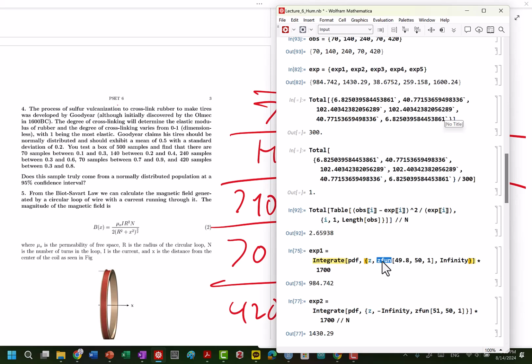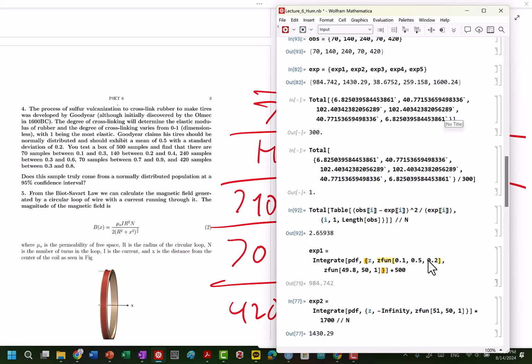So let's go ahead and do the first one. Actually we have 2 z values for expected 1. Our total should be 500 samples, and we're testing that one between 0.1 and 0.3, and the mean should be 0.5 with a standard deviation of 0.2.